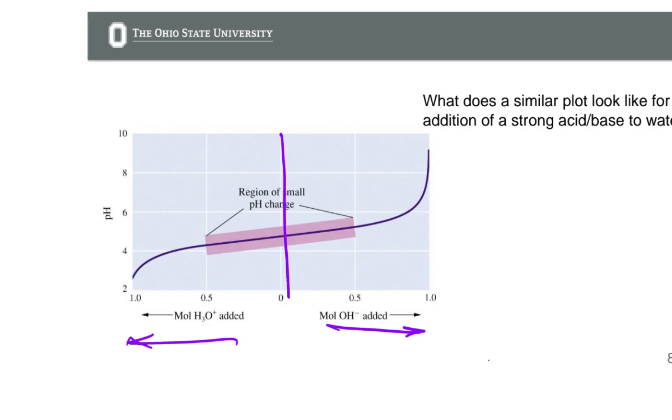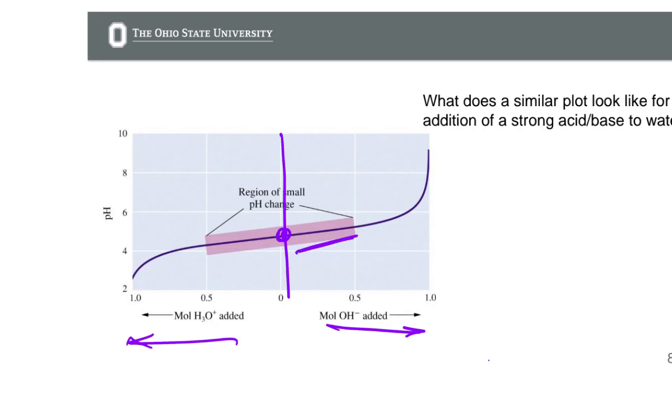So we're going to say we have a buffer solution. The initial pH is somewhere just above 4, between 4 and 5. If we add moles of hydroxide to this buffer, we see an increase in pH, but it doesn't increase very dramatically.